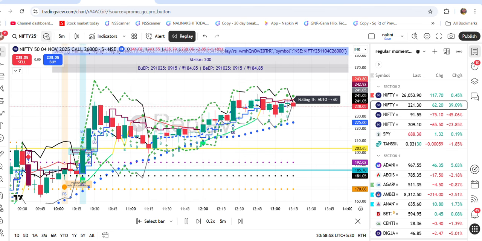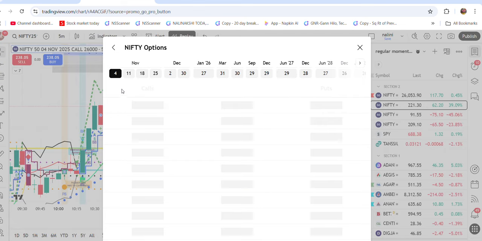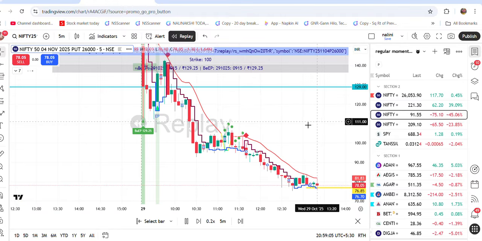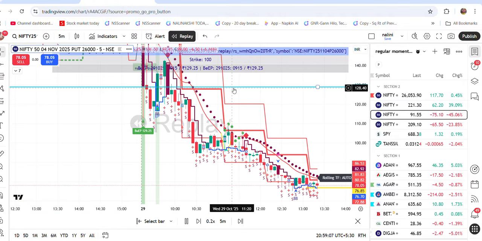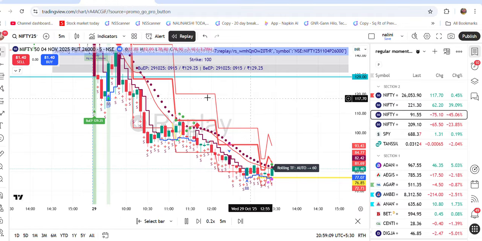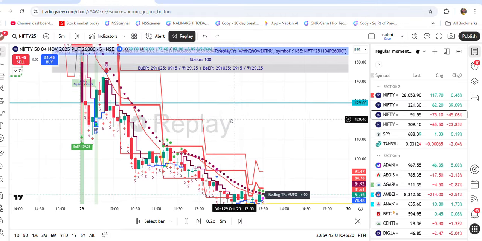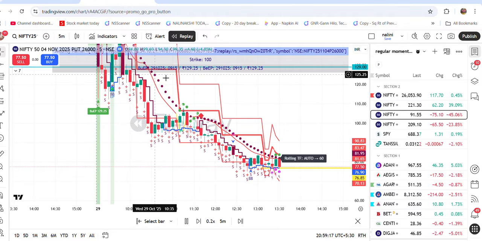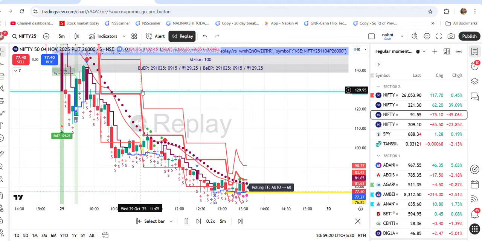Similarly, let me stop it and let me go to the 26,000 put option. You can see the 26,000 put option, 129 was the suggested price. It started moving down. When it was not able to move above that 129 rupees, you can keep a short position in the put option.